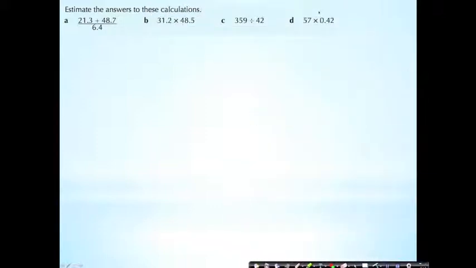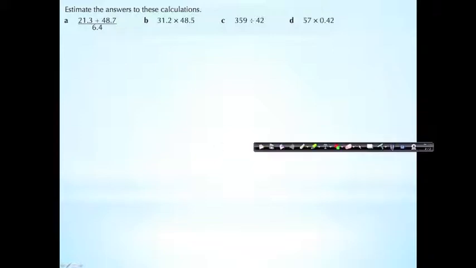So this next one, it says estimate the answers to these calculations. So press pause and try to estimate these, and then I'll go through the answers with you. So for the first one, we've got 21.3 plus 48.7 divided by 6.4.